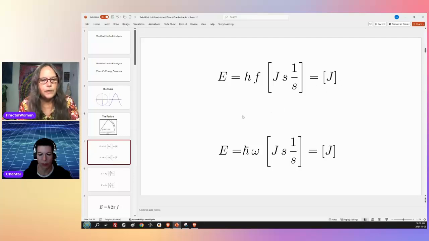Then we have E equals h bar omega, which in standard SI units has the same units, joule times second times 1/second. And this bothers me, that these two equations have exactly the same units. I feel like there's something missing here.